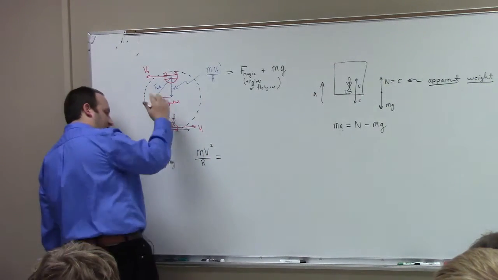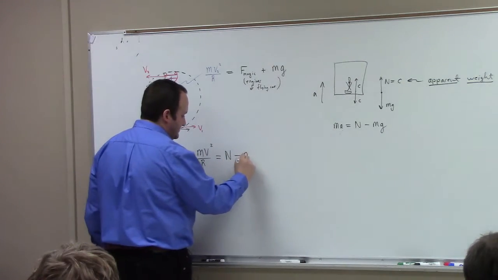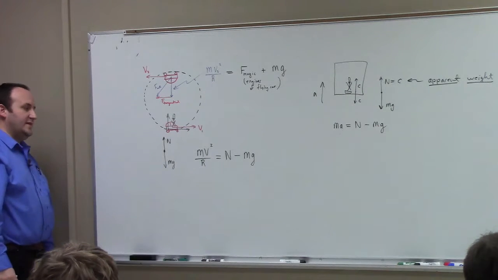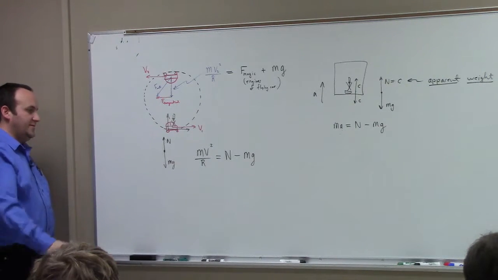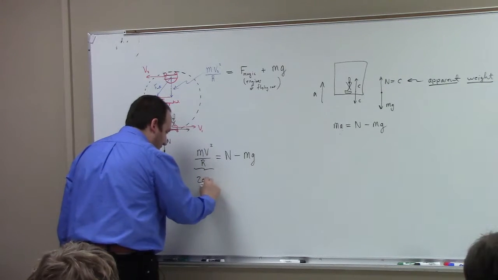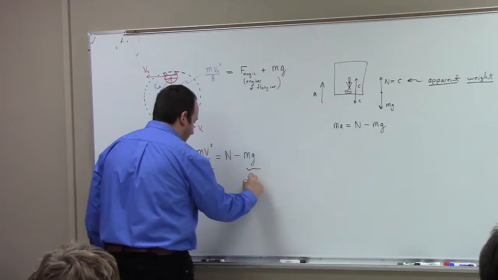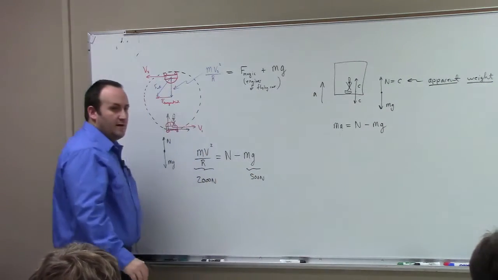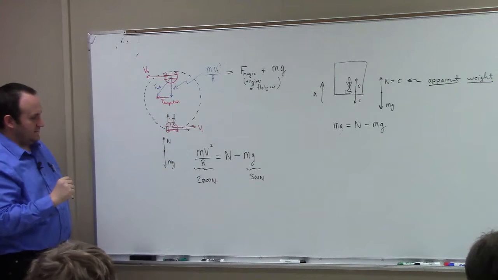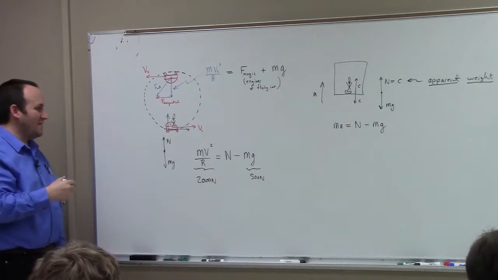And n is upward, so that's n, and then you have minus mg. So if this worked out to be 2,000 newtons, and this happened to work out to be 500 newtons, then the apparent weight at the bottom would be 2,500 newtons, right?